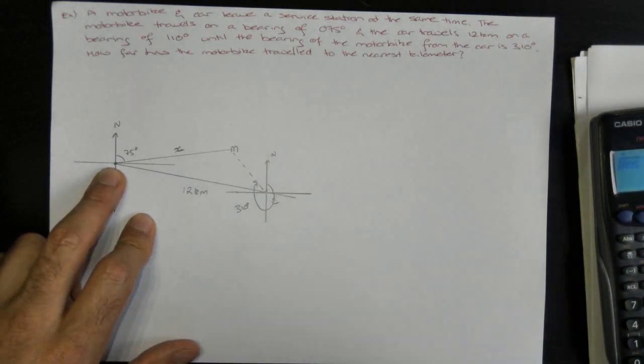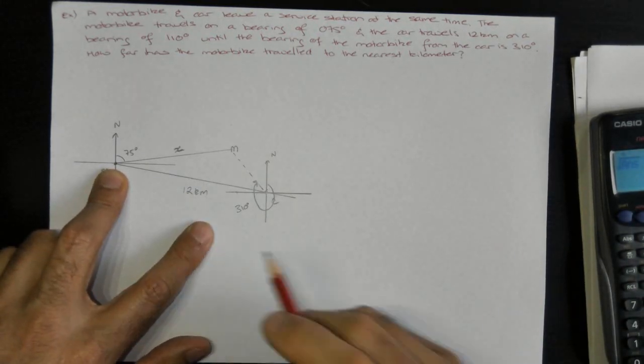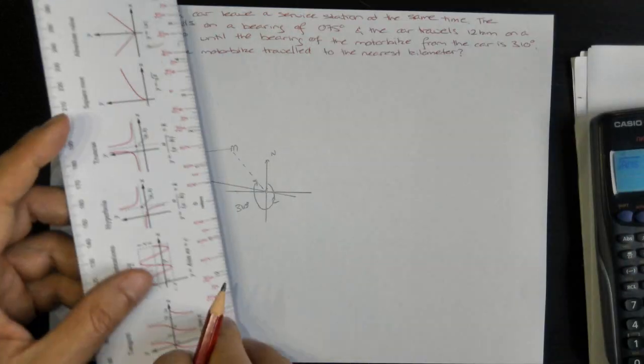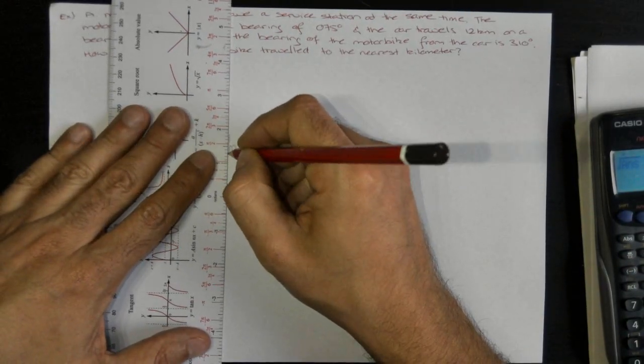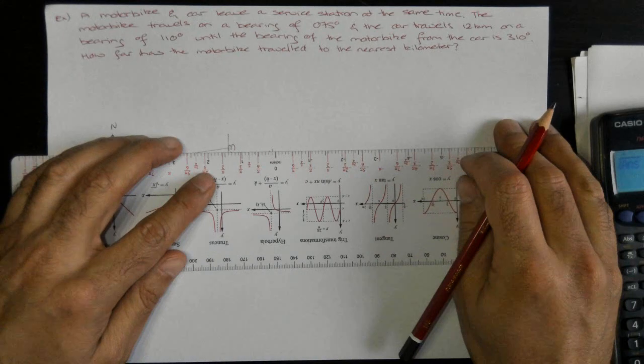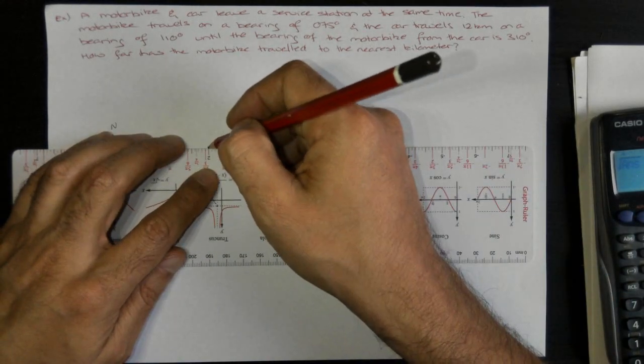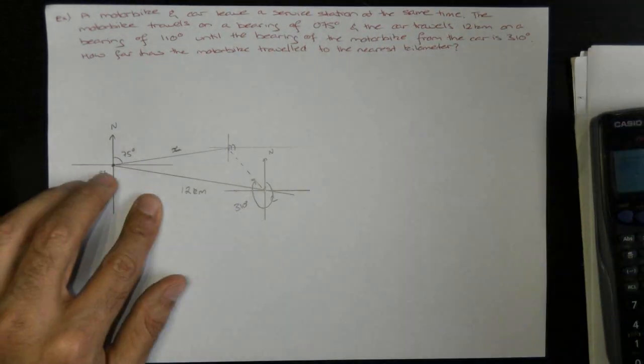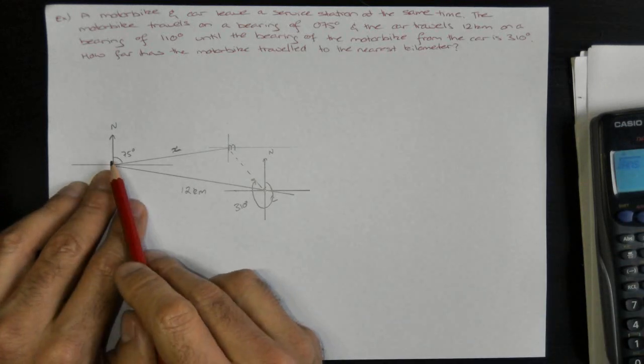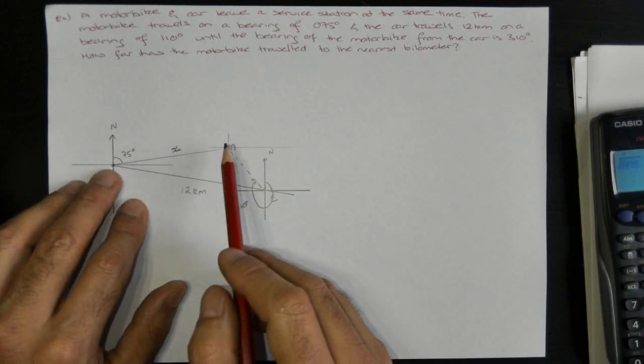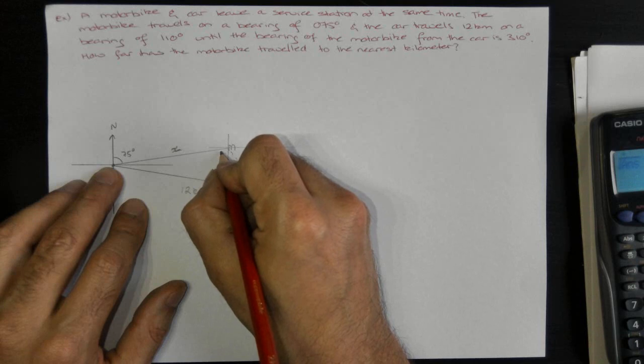If we look at it, let's just test some things. If that's 75 degrees, parallel lines mean that this here will be 75 degrees as well.